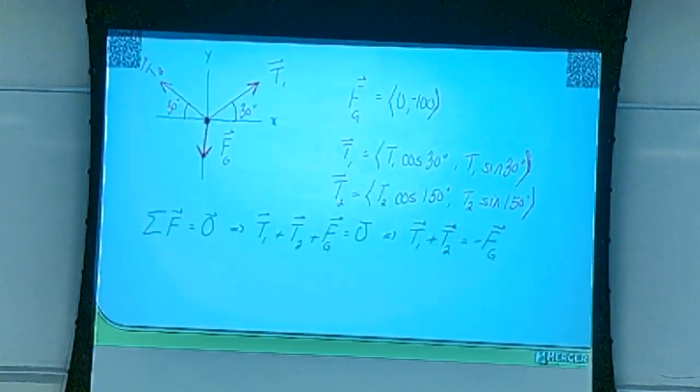This is ultimately what I'm working with. Right, actually, I have time, so I'll just give you the general idea. You get a system of equations here. Set your x components equal and your y components equal.